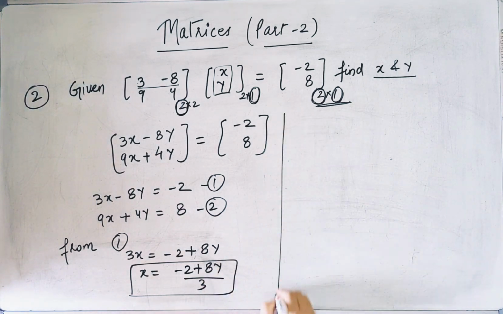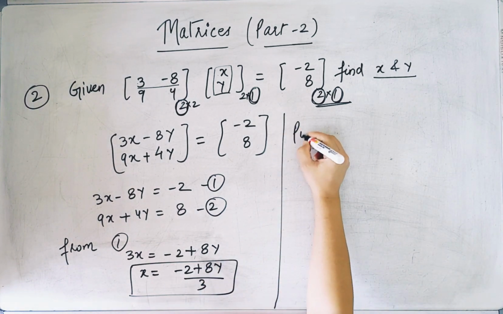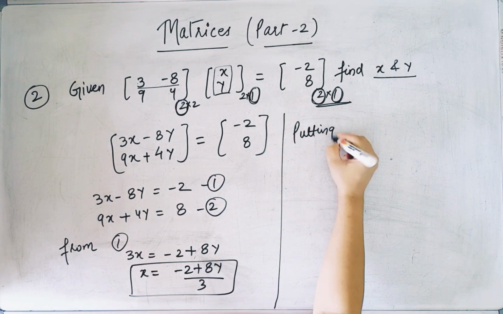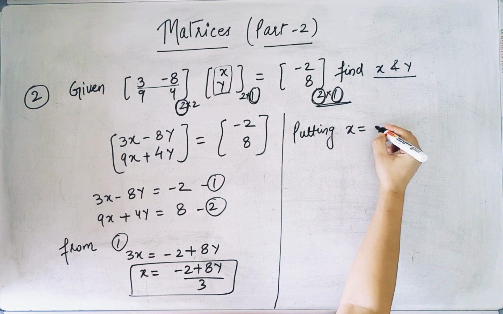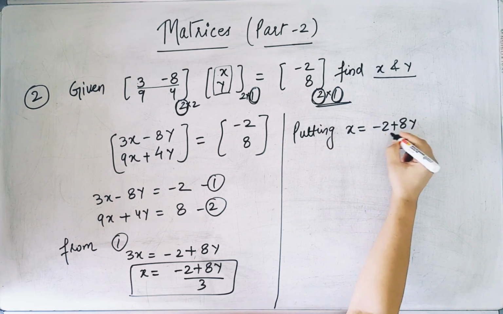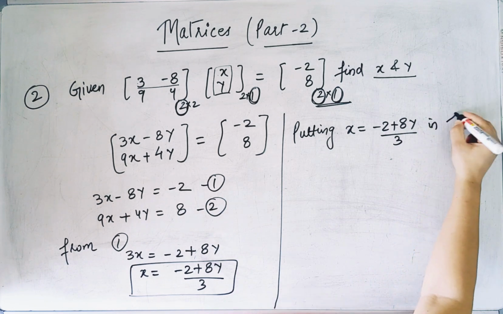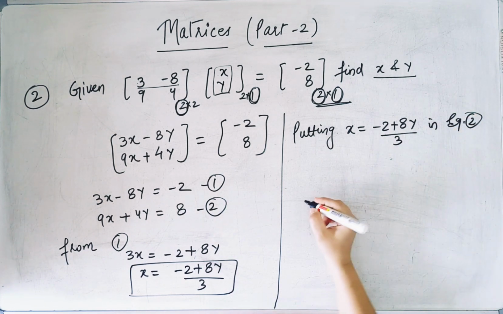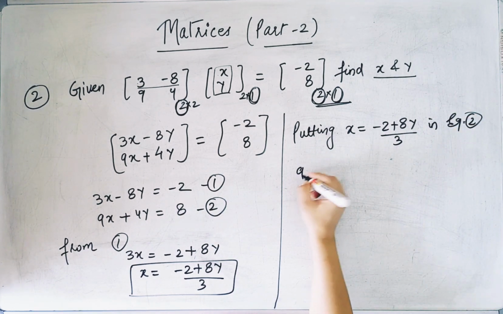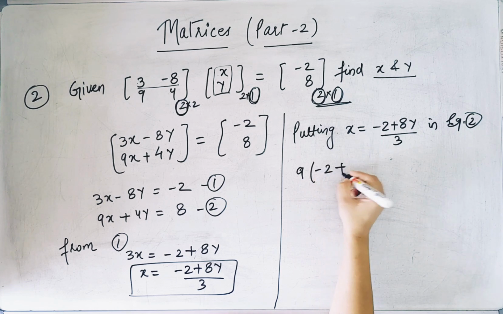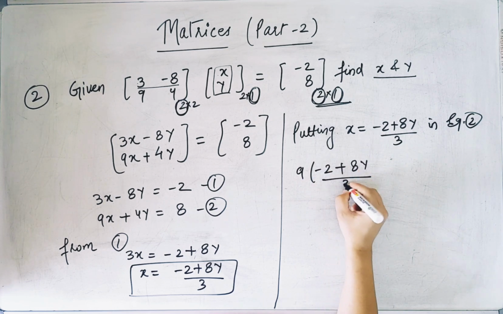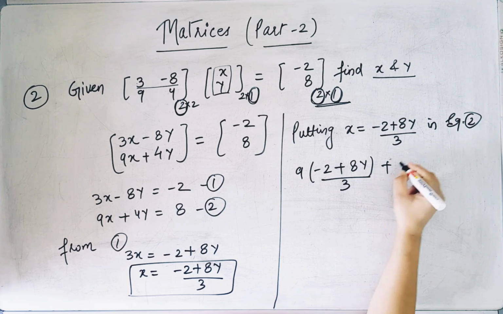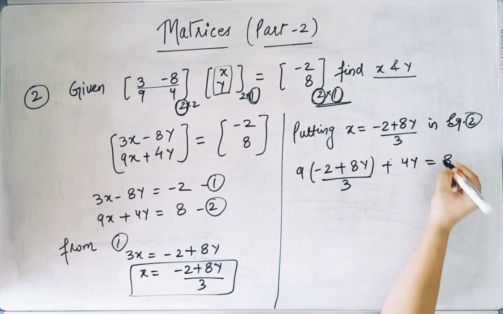Now putting the value of x in equation number 2, x is equals to minus 2 plus 8y upon 3 in equation 2. So what we'll get? 9 into x is minus 2 plus 8y upon 3 plus 4y equals 8.